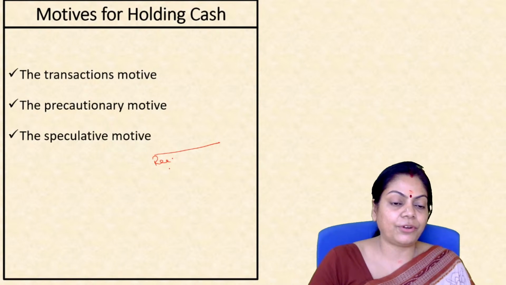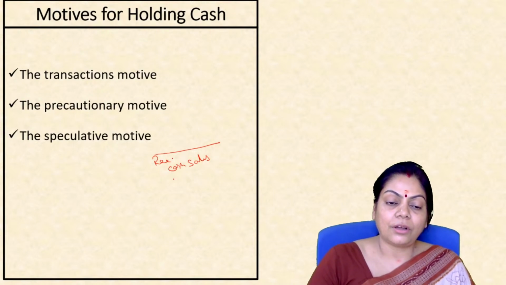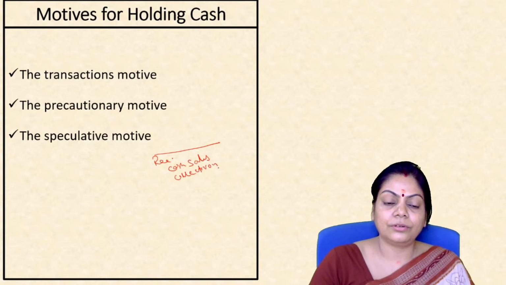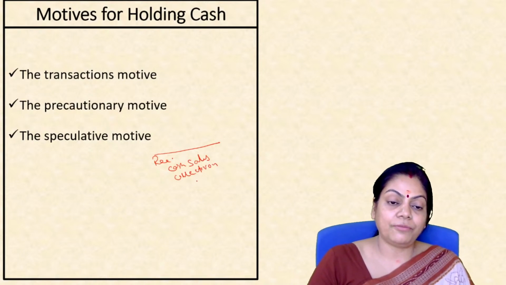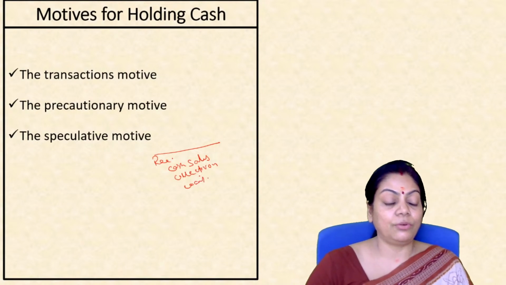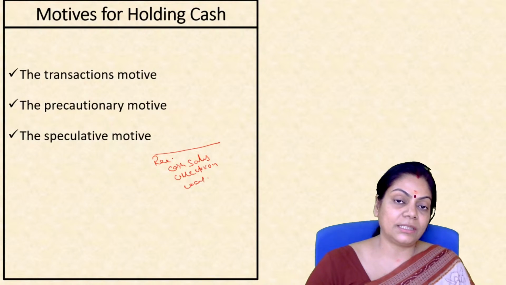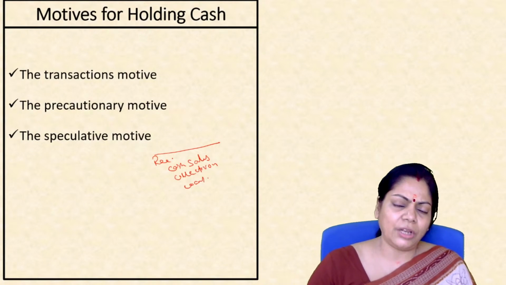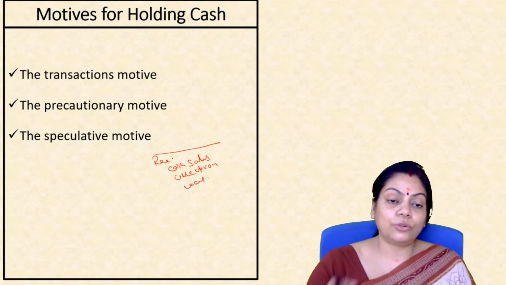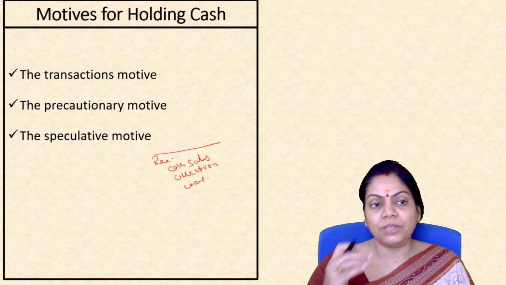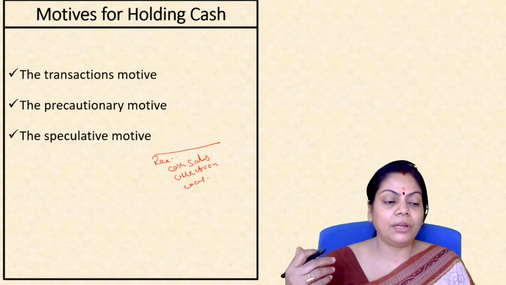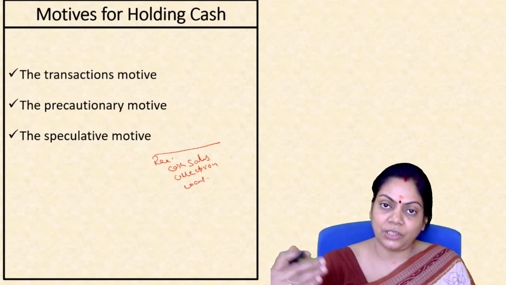Under receipts, you have, for example, receipts from cash sales, then collection from debtors, then loans. You can also have sale of capital assets, and many other sundry receipts. You sum up the total of these receipts, and that will give you the cash inflow part.